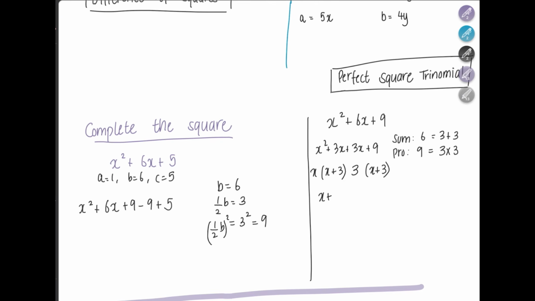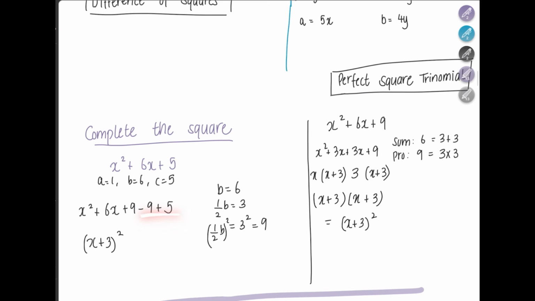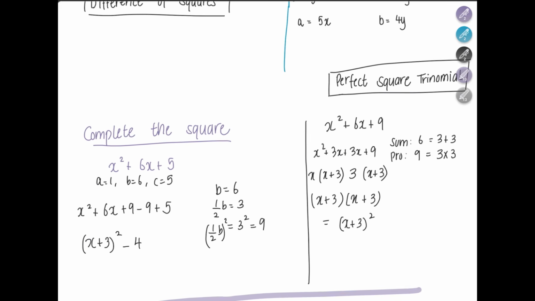So you can write x plus 3 and x plus 3. So now this is the same as x plus 3 whole squared. So instead of this expression, we can just write x plus 3 squared. And what are we left with? We're left with minus 9 plus 5. This is negative 4. That is the completed square form.